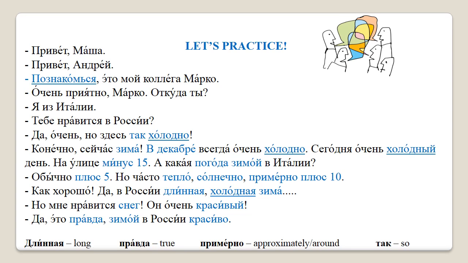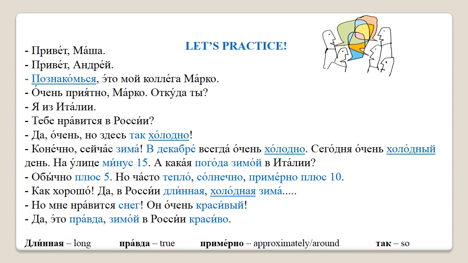Hi, Masha. Hi, Andrei. Let me introduce you to my colleague Marco. Pleased to meet you, Marco. Where are you from? I'm from Italy. Do you like it in Russia? Yes, I like it very much. But it's so cold here. Of course. It's winter at the moment. It's always very cold in December. Today is a very cold day.